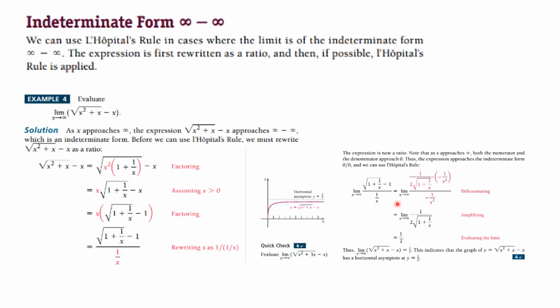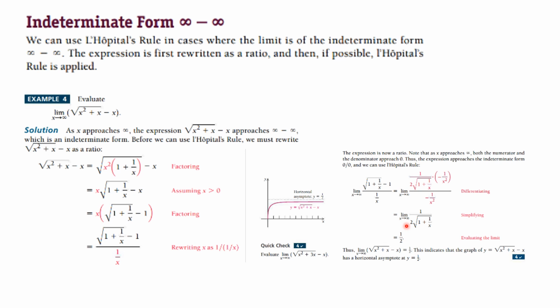So you see, this little equal sign here was because we used L'Hopital's rule, differentiating the numerator and the denominator. But now when you look at this, you can see that I have 1 over x squared here and 1 over x squared here, so those will cancel one with another. And so I just have the numerator left, and this is the limit as x goes to infinity of 1 over 2 times the square root of 1 plus 1 over x.